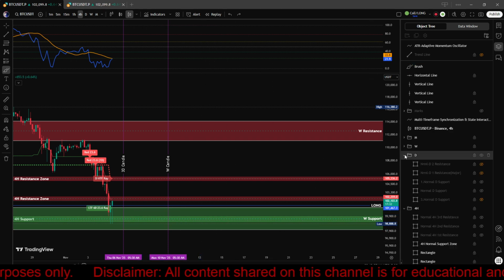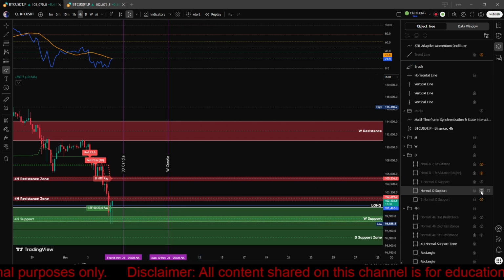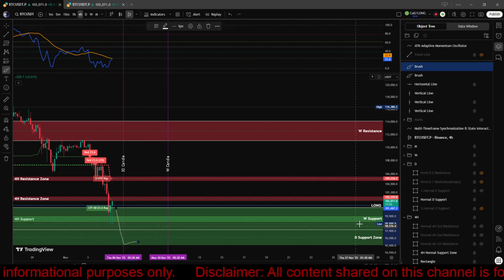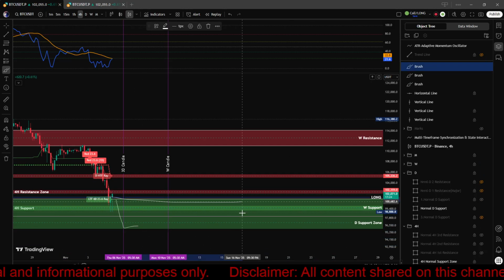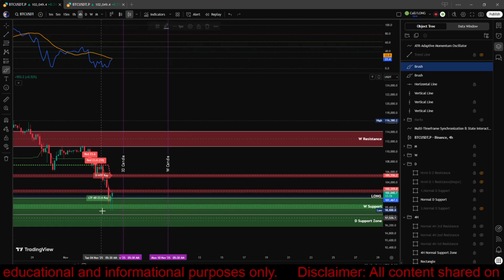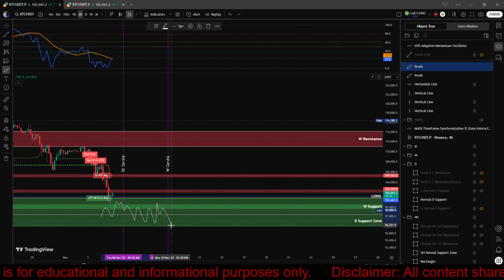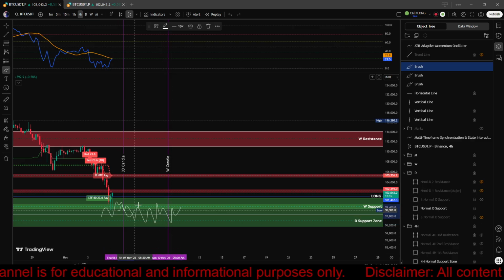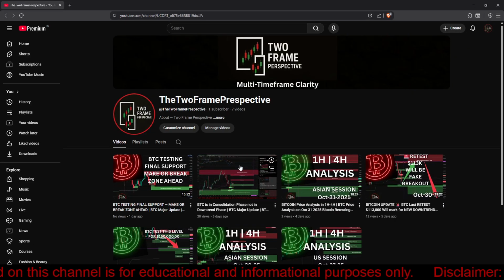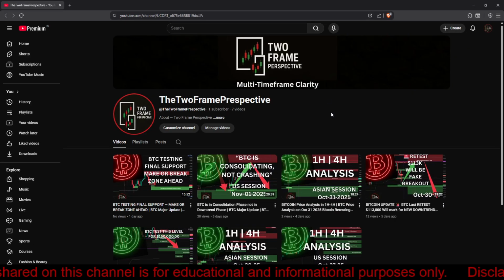Including this daily support zone, we have this much of a bigger picture here, and I think the price will consolidate here also. This is also what I've talked about in my video, BTC is consolidating, not crashing.